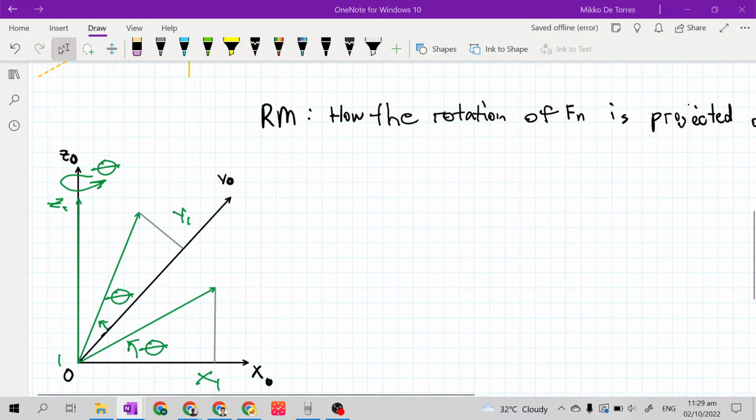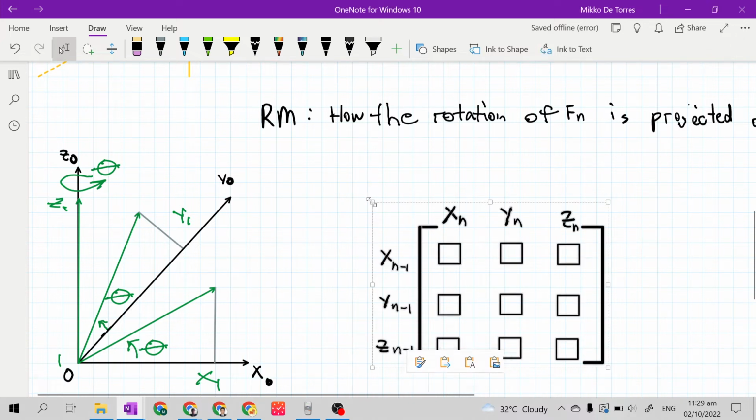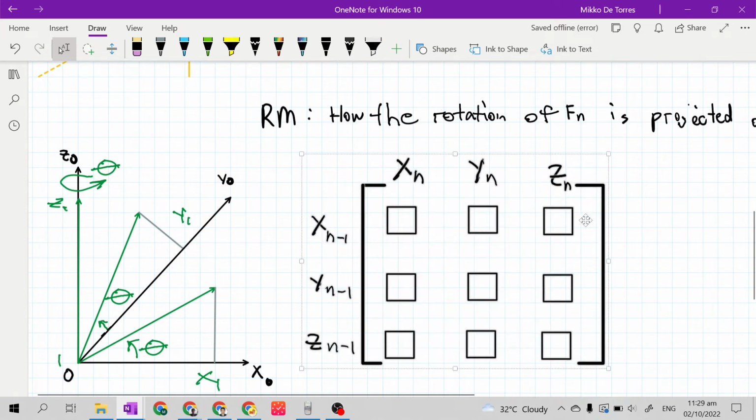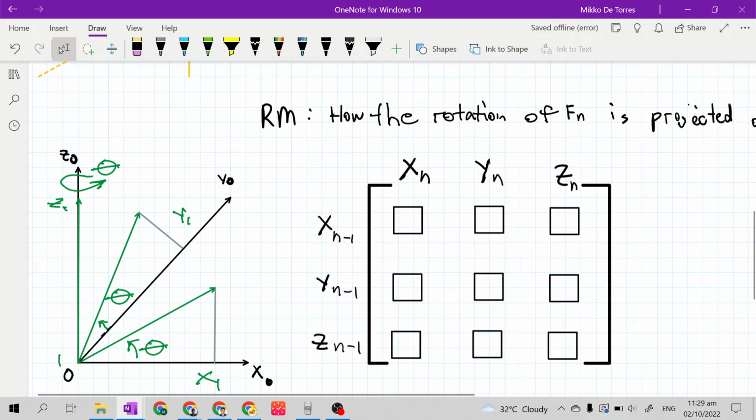We can describe it using a 3 by 3 matrix called the rotation matrix, where the columns describe the projected frame, while the rows are the reference frame. Here our reference frame is frame 0 and our projected frame is frame 1.